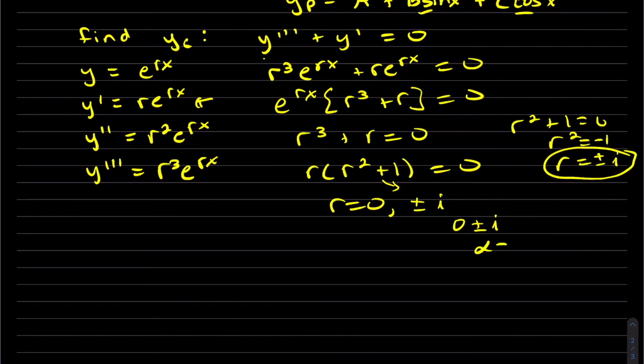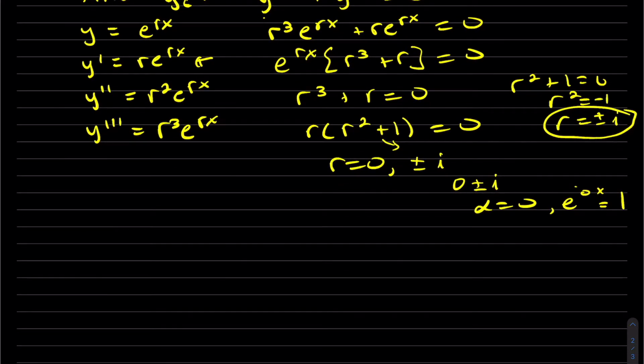So my alpha is 0, so my e to the 0x is just 1. And beta is 1, because that's the coefficient in front.